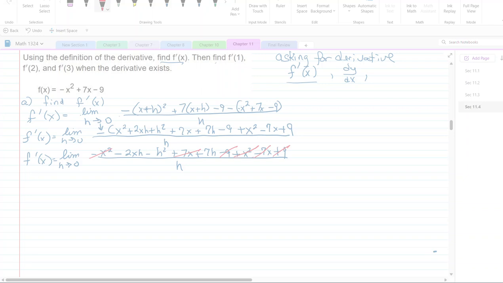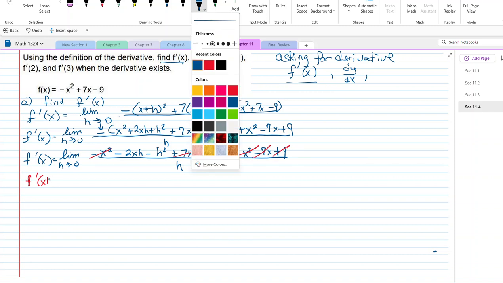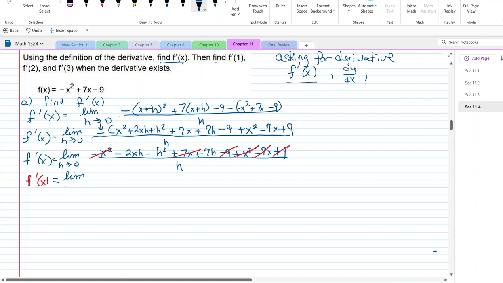So we have f prime of x equals the limit as h approaches 0, and I'm going to have the factor of h, negative 2x, negative h, positive 7, and that's it, all over h.